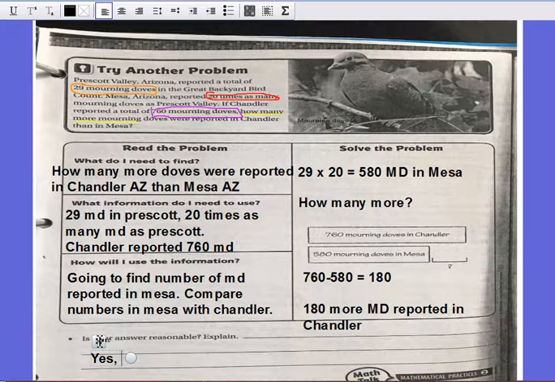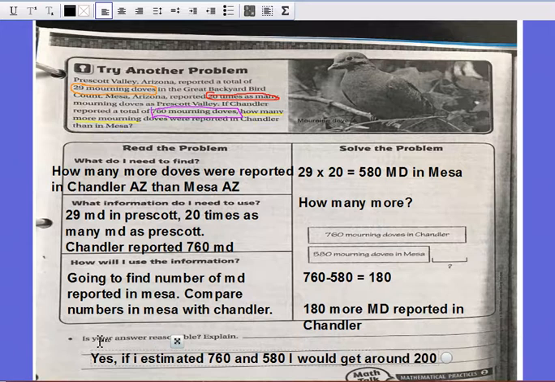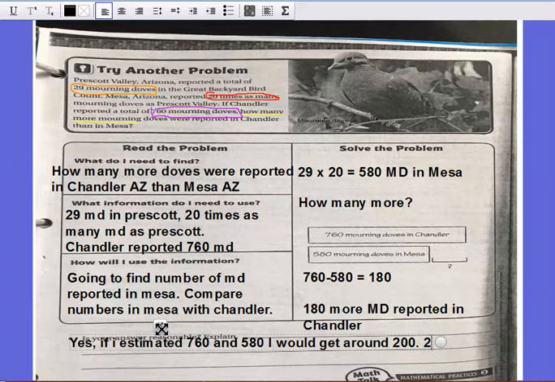Just to sum up, if I estimated 760 and 580, I would get around 200. And then you can just put that 200 is close to 180.